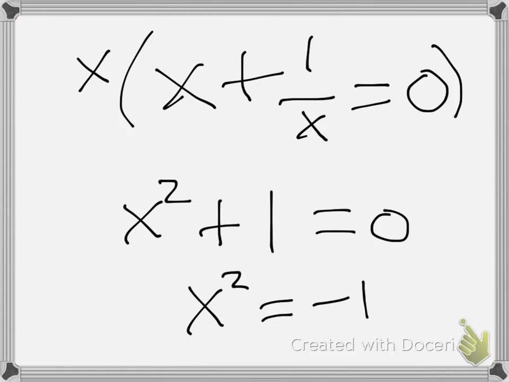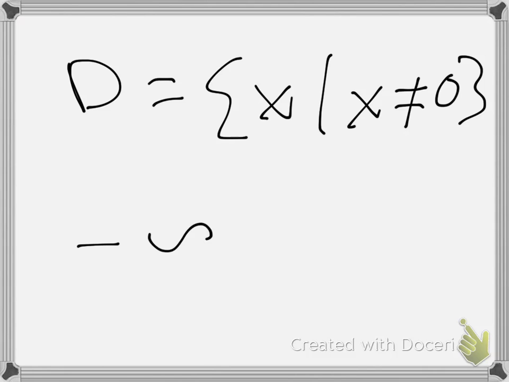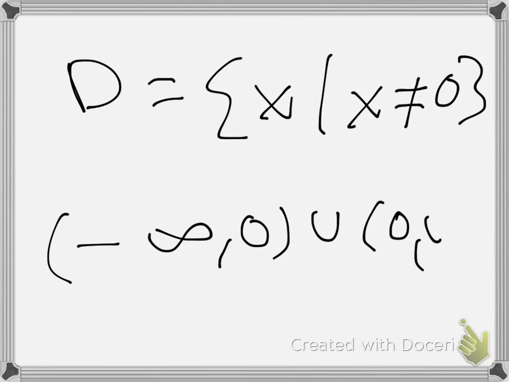So there's no solution, which is good. That means there's no more problem points in the domain. So the only problem is 0. So the domain is either x such that x is not equal to 0, or I can write minus infinity to 0, union 0 to infinity.